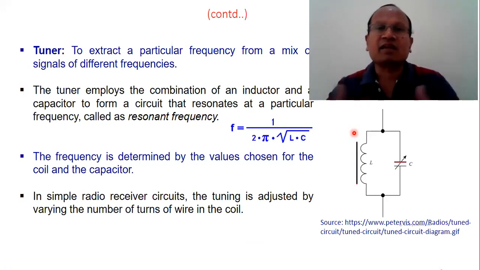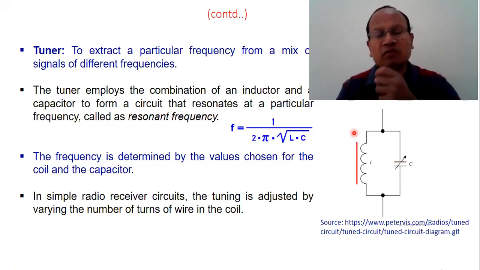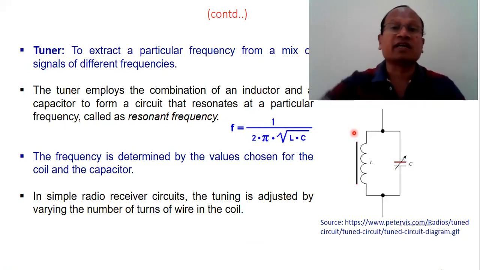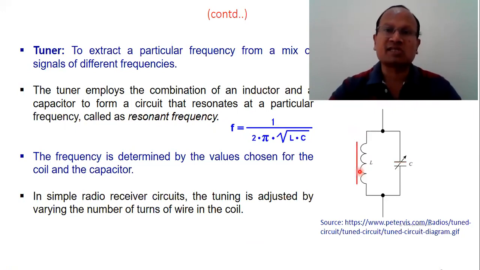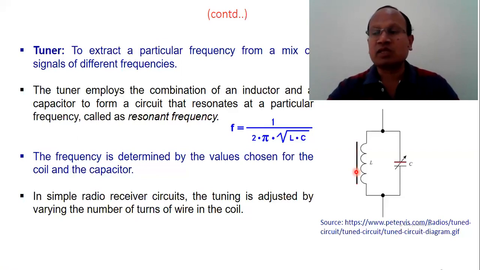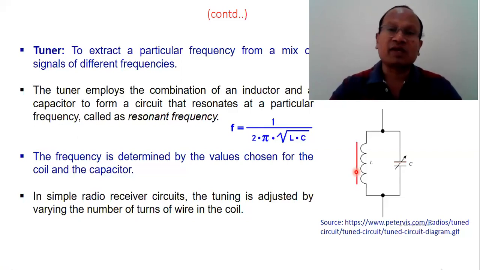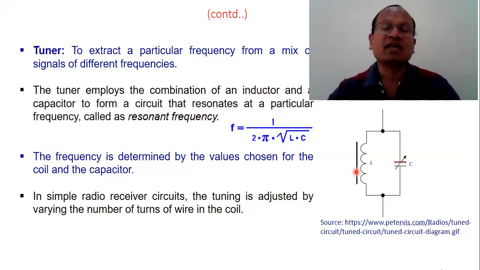So when we vary the number of turns, either reduce or increase, the inductance value offered by the inductor will change, and when it changes, the frequency will also change. So the tuner is used to generate a certain particular frequency. It means that when a tuner is tuned at a certain frequency, it receives a wide range of frequencies, but it will only select that particular frequency at which it is resonating, at which it is tuned.